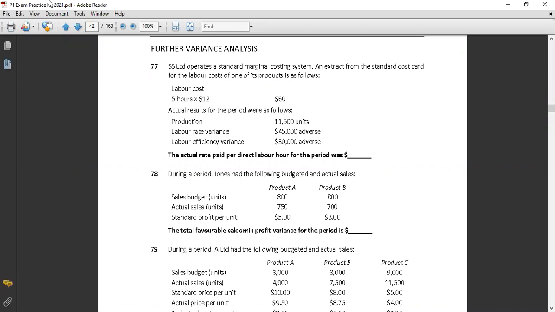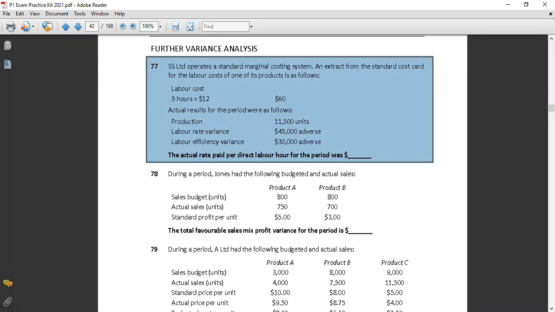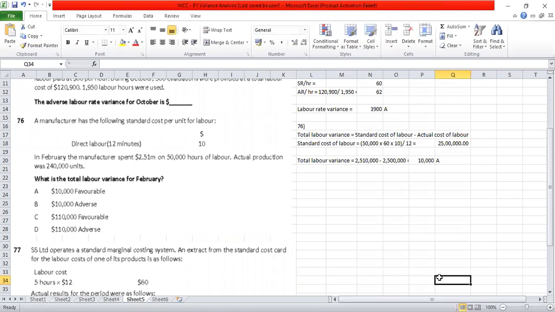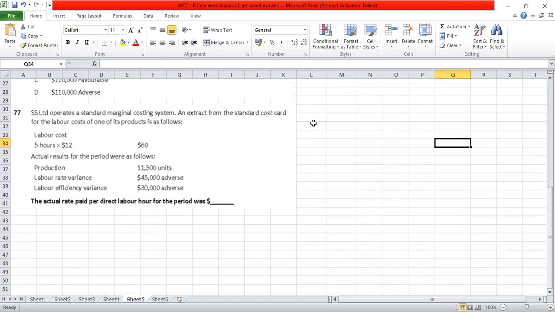Let's take up this one. Question number 77.